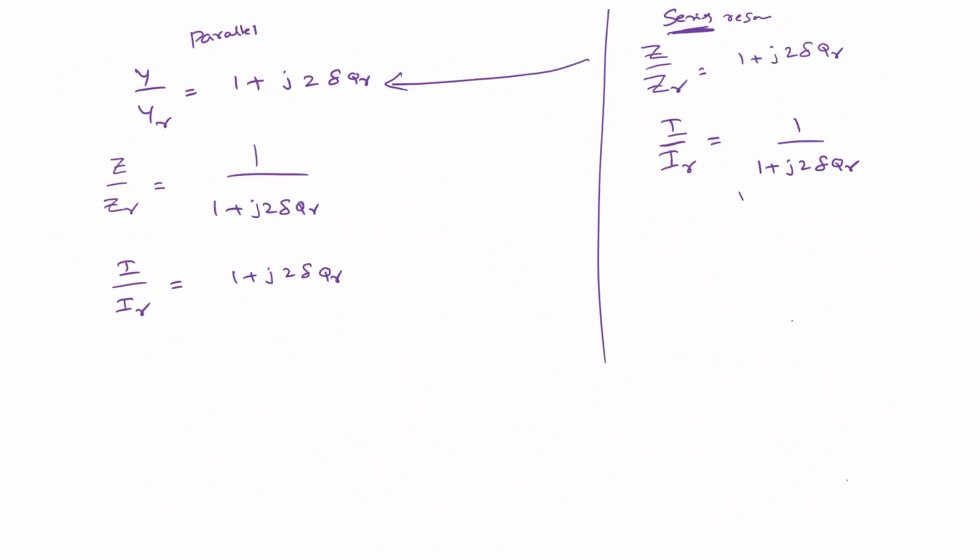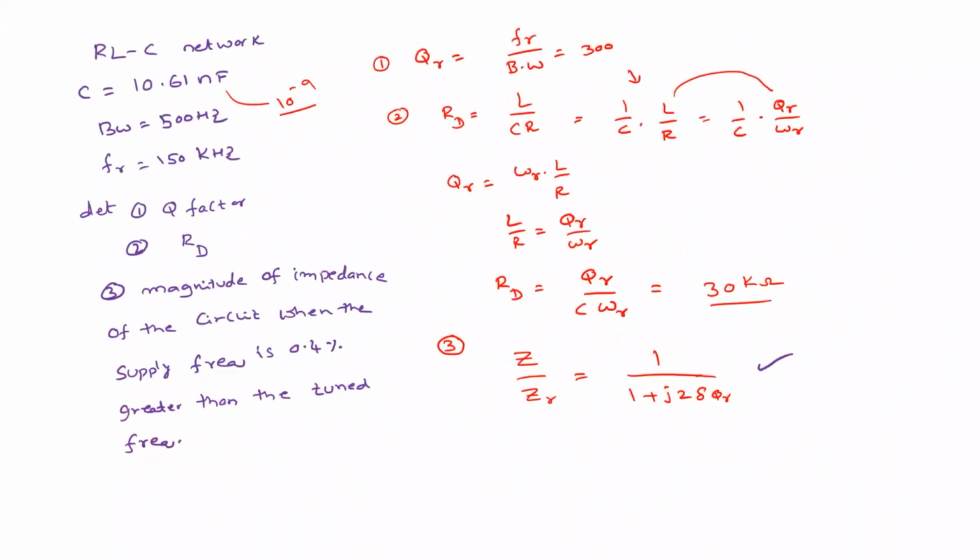So now when I come to this problem, Z by ZR equals 1 by j2 delta QR, right? So this is the one. Now what is delta here? It's said that this is above, greater than, so that means this is positive only.